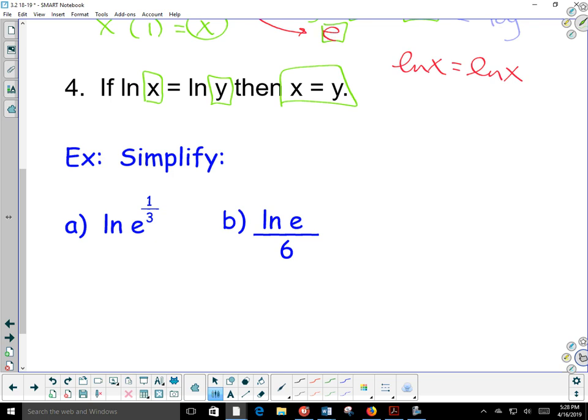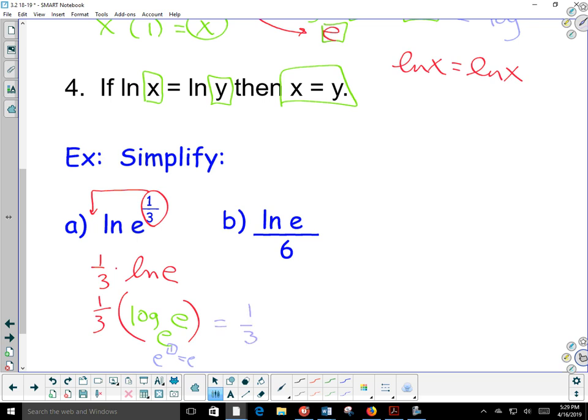So if I want ln of e to the 1/3, again, think of this 1/3, this power can come down in front. So this is going to be 1/3 times ln of e. And ln of e means log to the base e of e. So I've got 1/3 times log to the base e of e. And this is saying e raised to what power gives me e? That's equal to 1.